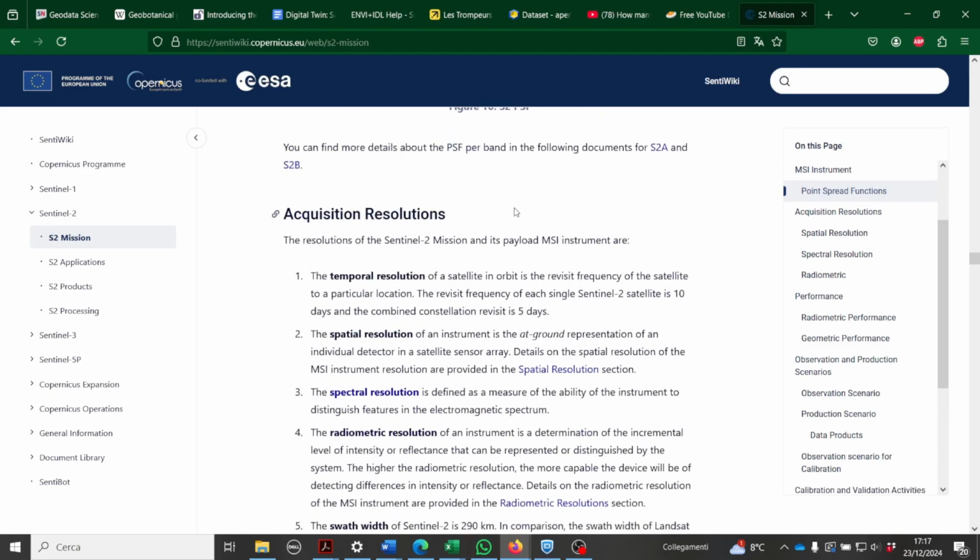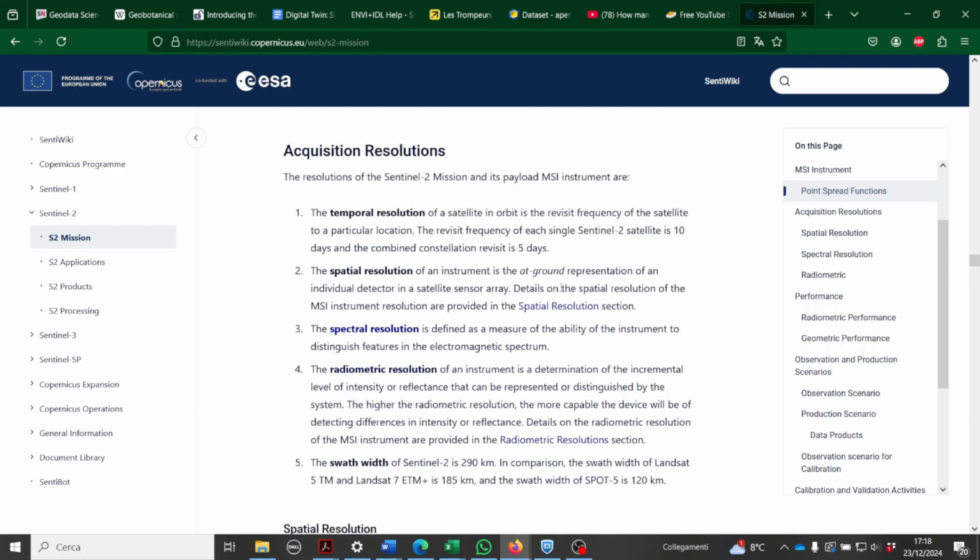But what is very important is the acquisition resolutions. So from the temporal point of view, the temporal resolution is around 10 days for every single satellite. That, considering that we have a couple of satellites, these revisit times are reduced up to 5 days. So every 5 days we can theoretically have an image over the same area.